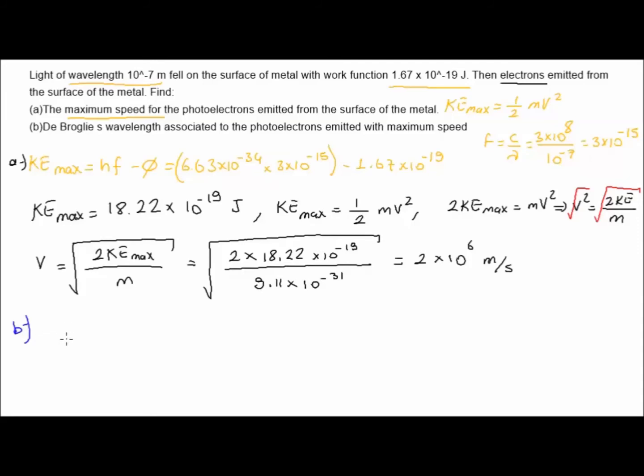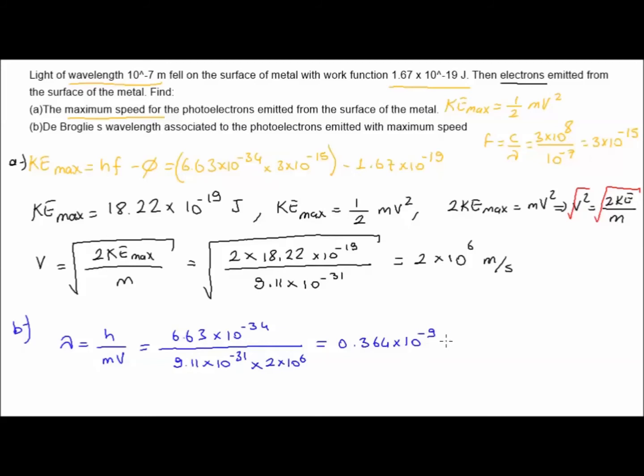The de Broglie wavelength formula: lambda is equal to h over mv. h is 6.63 times 10 to minus 34 over m, 9.11 times 10 to minus 31, and v, as we calculated, 2 times 10 to 6, and the result is going to be 0.364 times 10 to minus 9 meter.